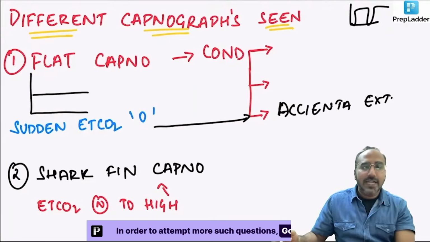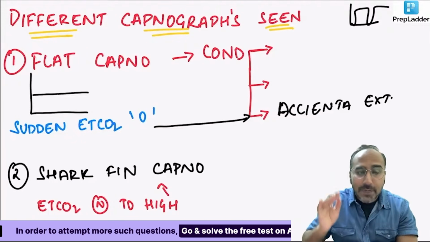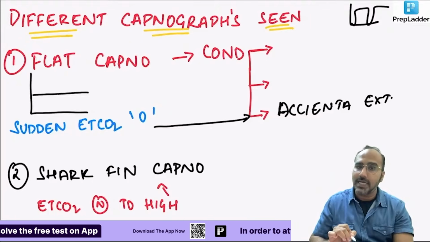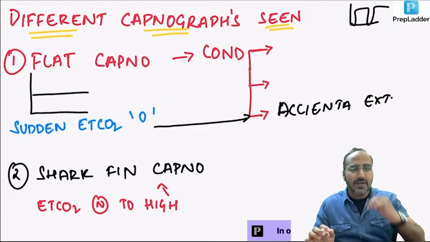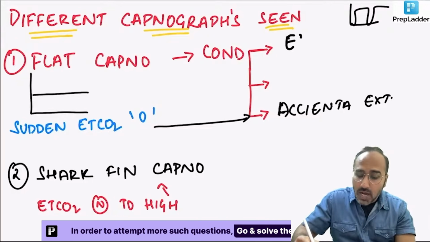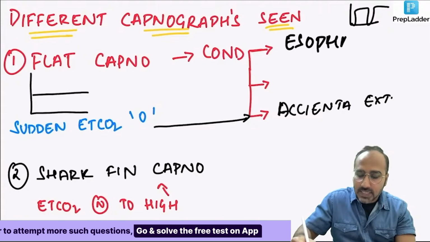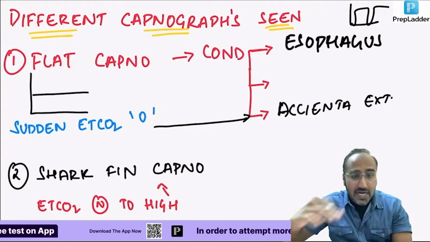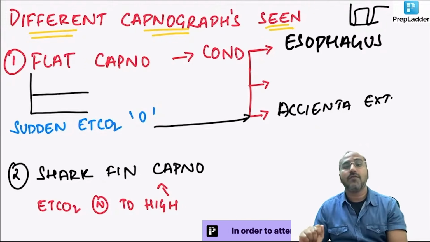Now, guys, different capnographs. If after intubating the patient you get a flat line capnograph, what does it indicate? You have done intubation and you get a flat line. It could be seen if you are in the esophagus. If you have done esophageal intubation, you might see a flat line. Sometimes you might be in the trachea and still get a flat line. Why?